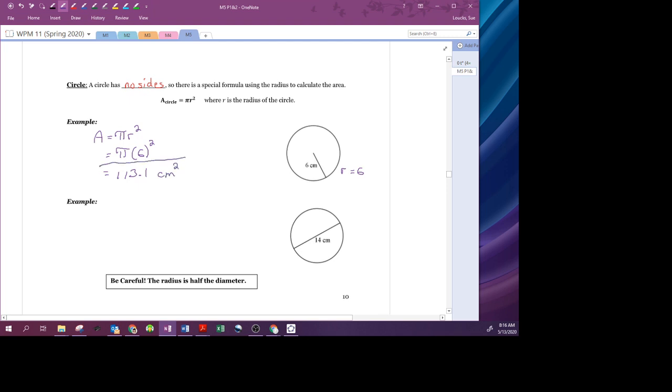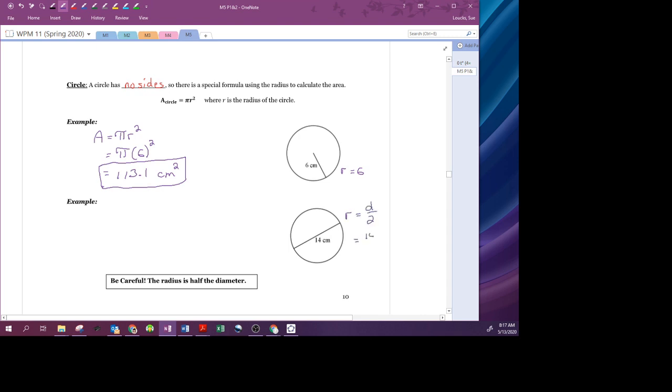Okay, and hopefully you saw the note further up that says for all calculations you do using pi in this book, use the pi button on your calculator and round to 1 decimal. All right. Example 2. This time we're given the diameter, so I need to calculate my radius, and the radius is diameter divided by 2.